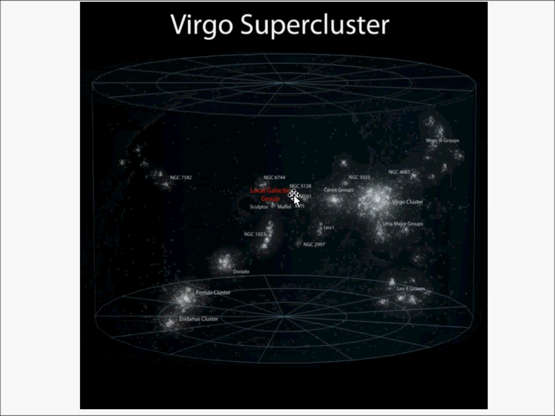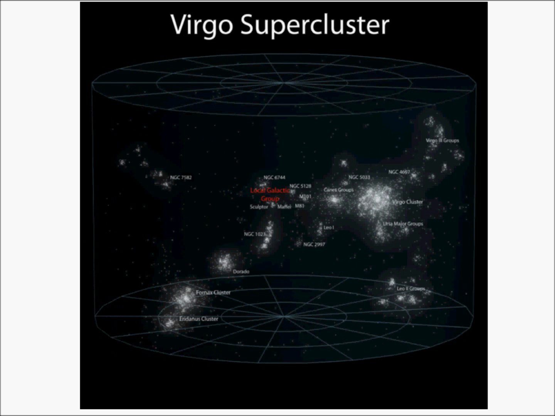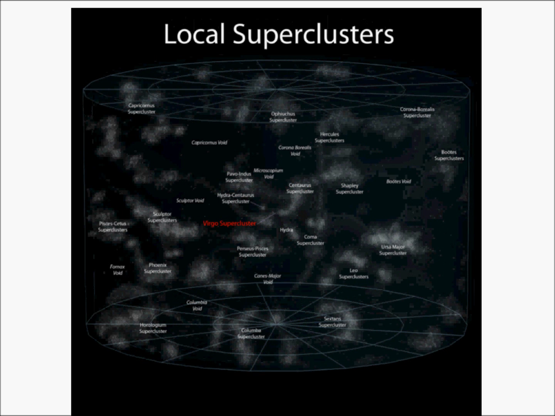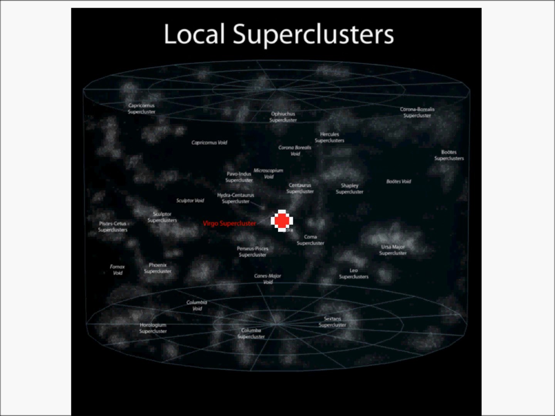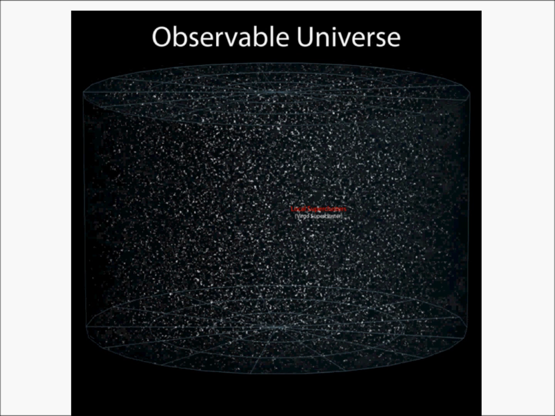And here, within this tiny little area, is our local galactic group, so us, Andromeda, and some tiny other little mini areas. Then the one from that last slide, that Virgo supercluster of a few thousand galaxies, is here, and this local supercluster is all contained within this space here.